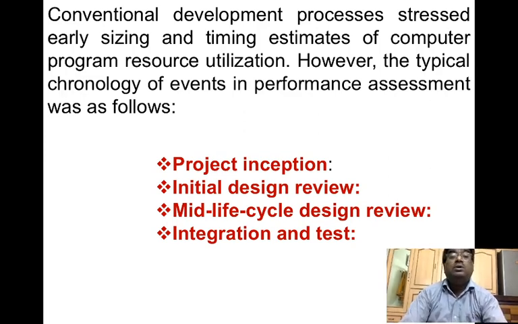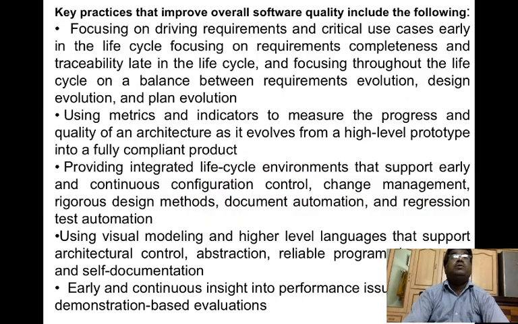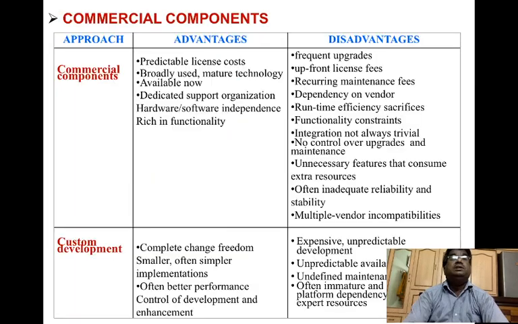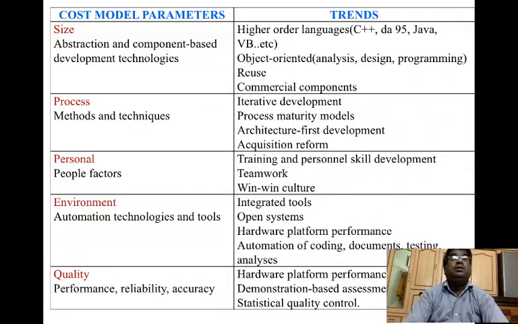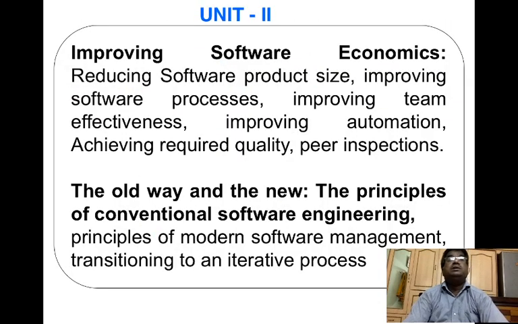Okay, good. So what you have learned in the 5 classes, we'll go through one by one. See, we are in the second unit, part A, improving software economics. How many economic parameters are there?